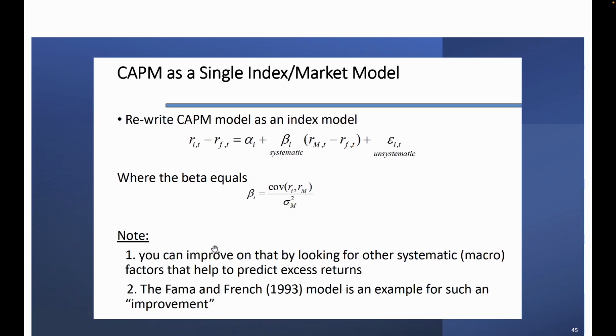Okay, now if we implement the CAPM empirically, we've seen what Malkiel was doing. You take, let's say, firm i, you collect different time periods, and then subtract the risk-free rate, and then you regress that on the market excess return.